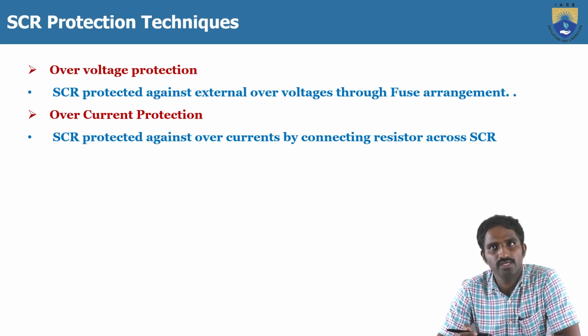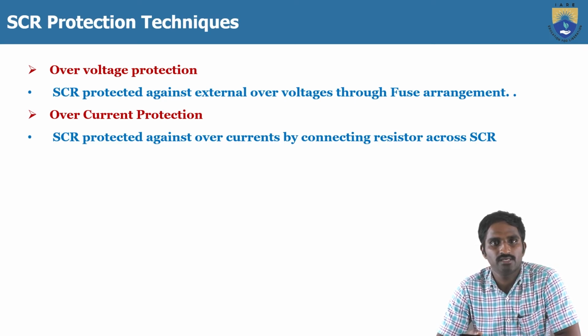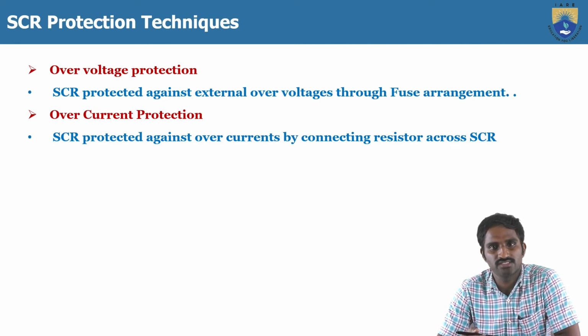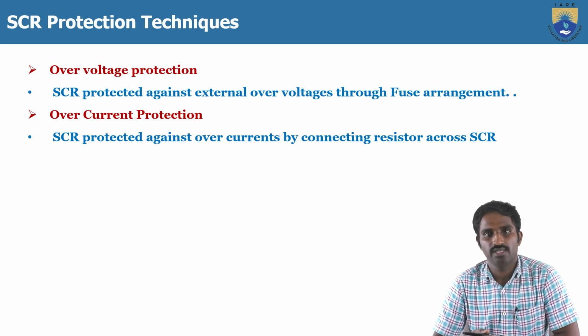For the over current protection, we connect a resistor across the SCR. This is how we can avoid the damage or false function of the SCR due to di by dt and dv by dt, as well as over current and over voltage. This is about the protection of the SCR.